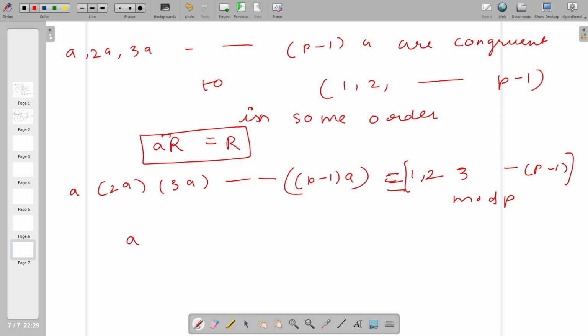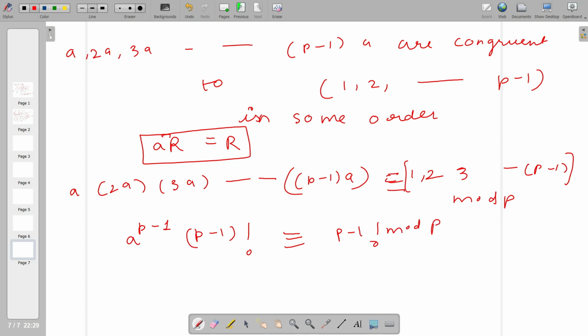So we can write a to the power p minus 1 from here, and 1, 2, 3 up to p minus 1 can be written as factorial of p minus 1, and here it is congruent to factorial of p minus 1 mod p.